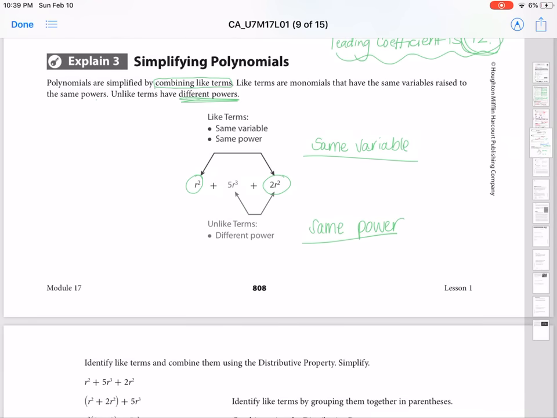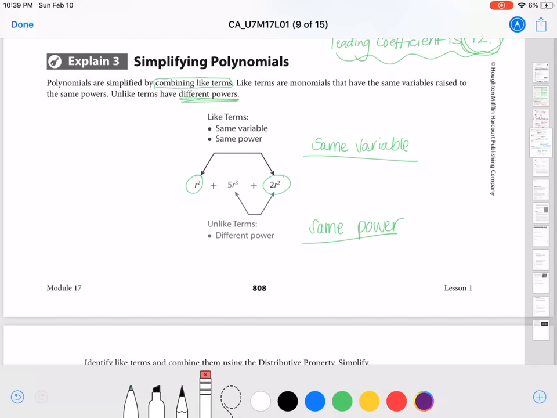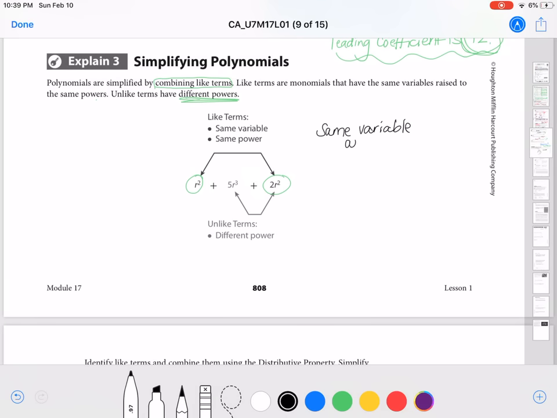So I'm actually going to change this a little bit. I'm going to rewrite this. And so I'm going to start with same variable and same power.